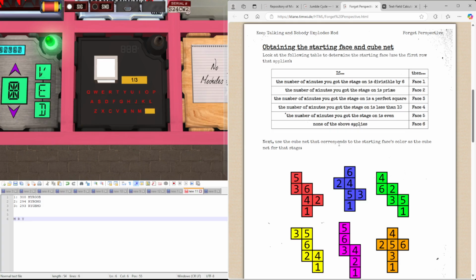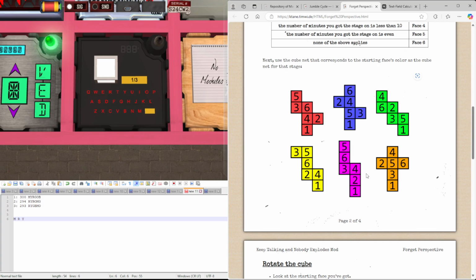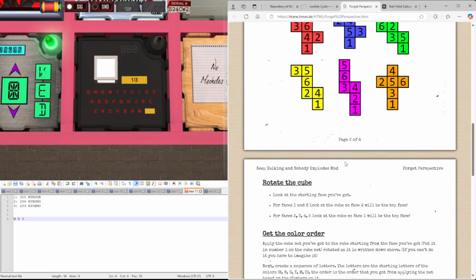Next, use the CubeNet that corresponds to the starting face's colour as the CubeNet for that stage. Look at the starting face you've got. Is 1, 6, look at the cube, so 4.